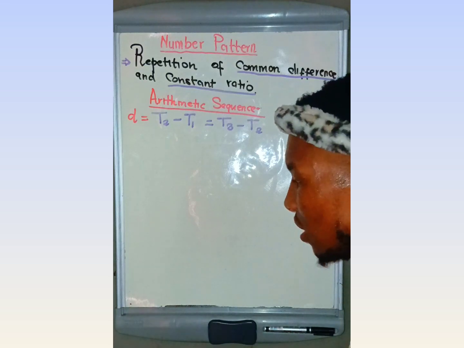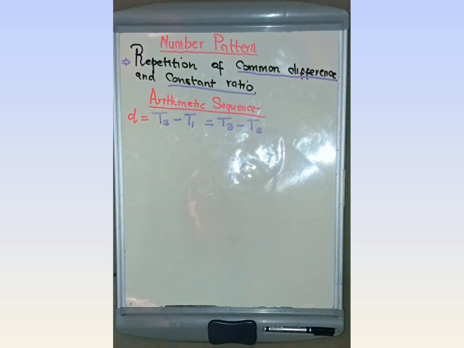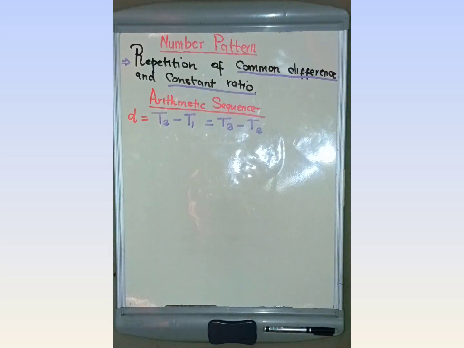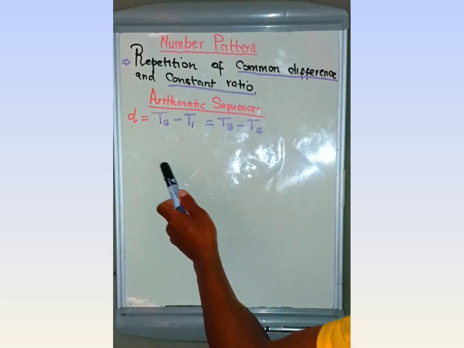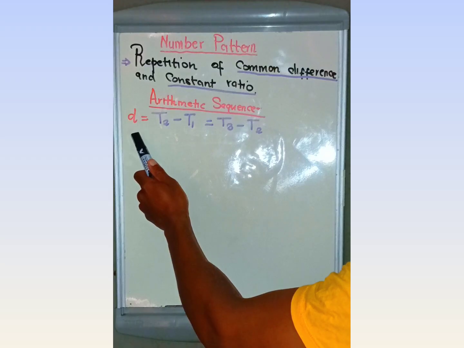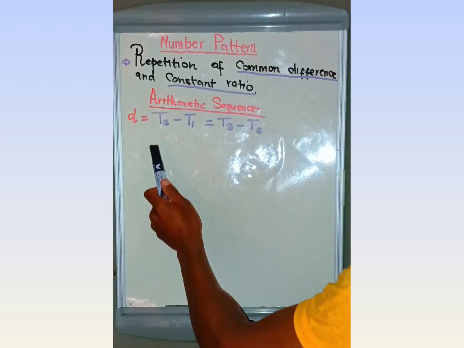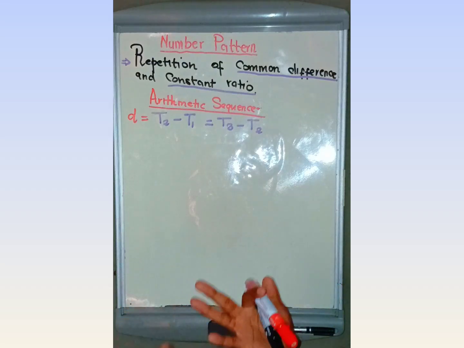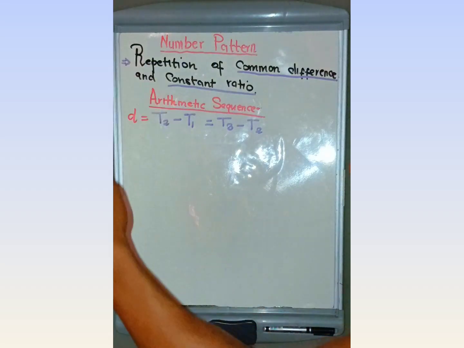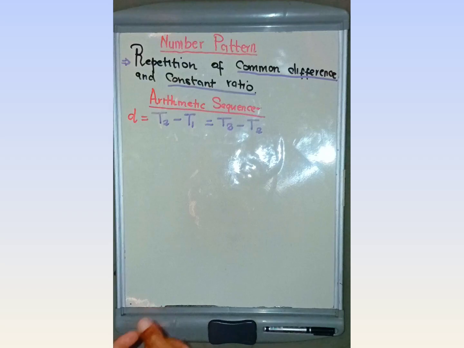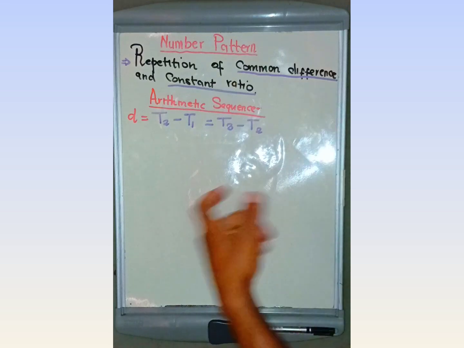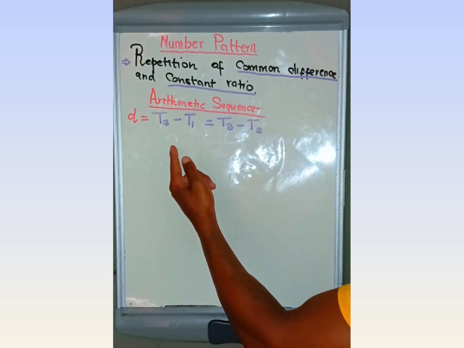The value of d is the common difference, where we look at the minus sign between consecutive terms. As you know, a difference is the highest value minus the lowest value.